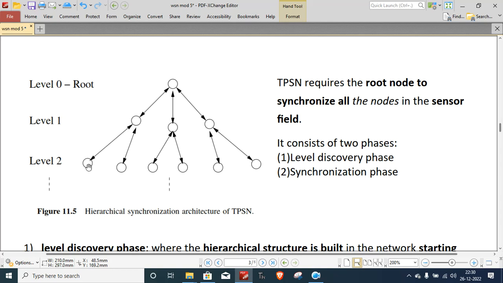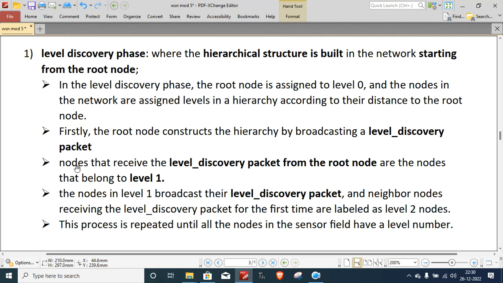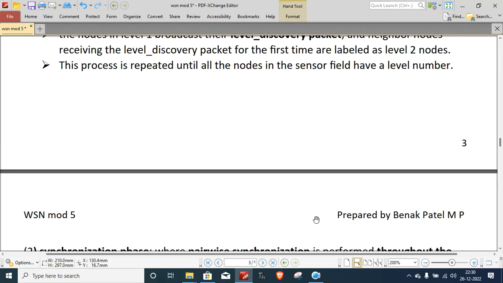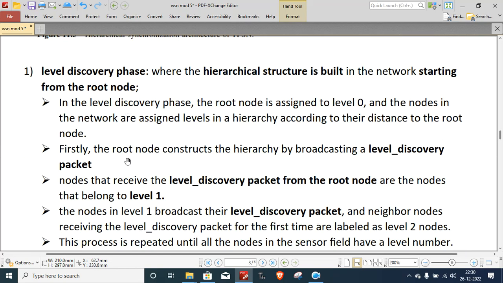Those nodes that receive these packets from level 1 fall under level 2, and the same process repeats till the last node of the wireless sensor network. This process is repeated until all the nodes in the sensor field have a level number. So this is the level discovery phase.